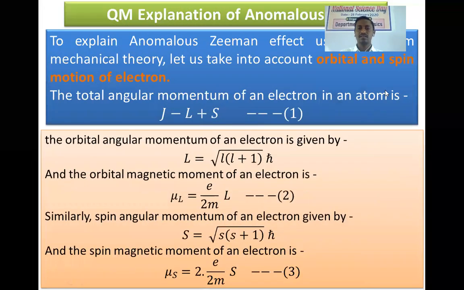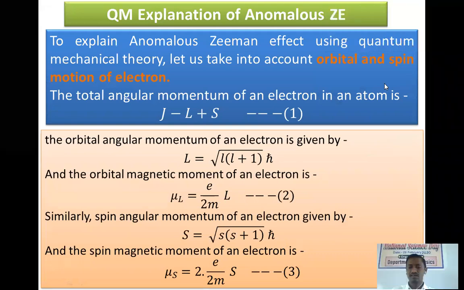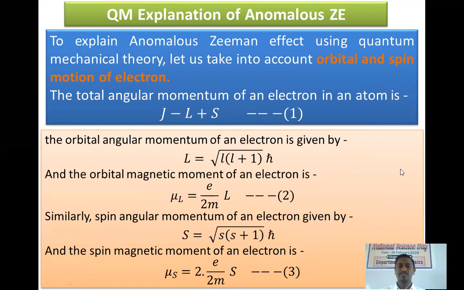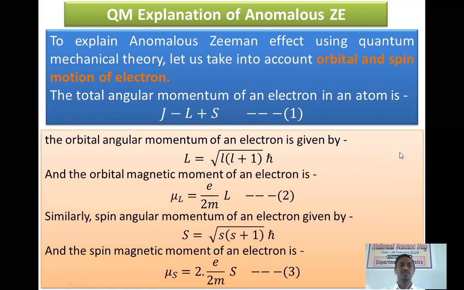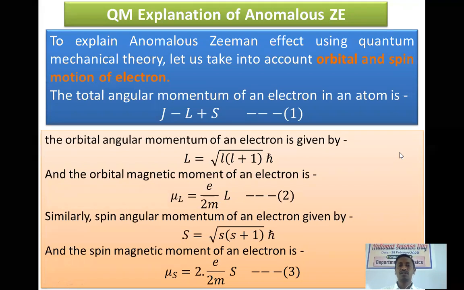For that, let us consider the spin as well as orbital motion. To explain the anomalous Zeeman effect quantum mechanically, we have to take into account the orbital and spin motion of electrons.